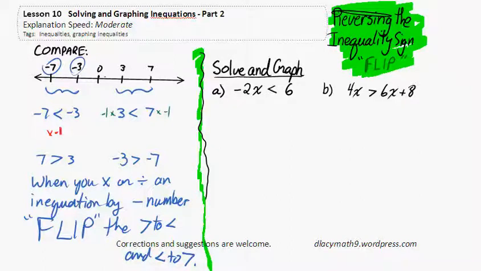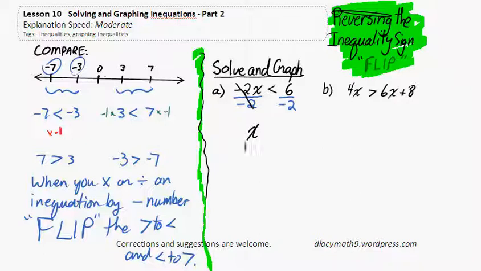Solve and graph. Here we have -2 times some number is less than 6. For example, 0 would work because 0 times -2 is 0, and 0 certainly is less than 6. So I will just simply do what I normally do when solving equations. I will divide both sides by -2. On the left, because they cancel, this gives me x.